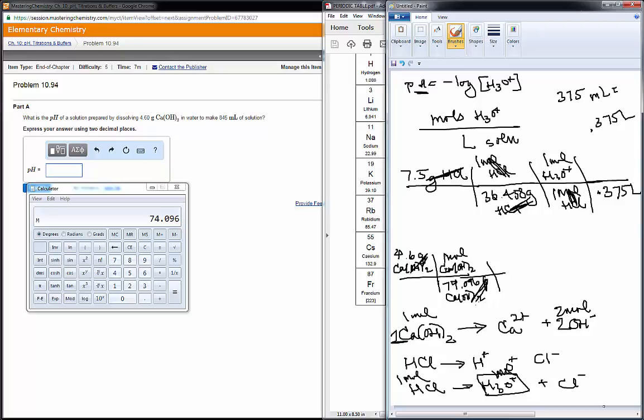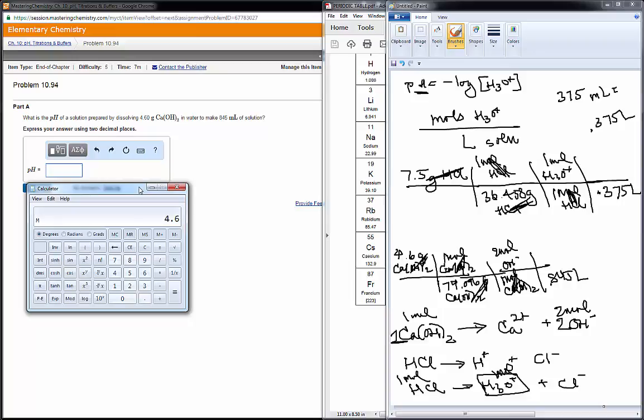So grams of calcium hydroxide cancel. And now I see that 1 mole calcium hydroxide reacts to form 2 moles hydroxide. And if I have 845 milliliters of solution, that's 0.845 liters of solution. Now I've got moles per liter of hydroxide, so that's going to give me my hydroxide concentration.